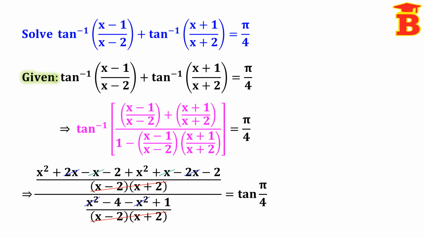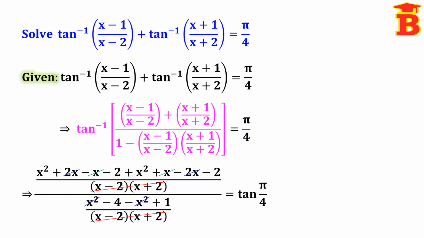Similarly the denominator, also take LCM (x minus 2) into (x plus 2). Cross multiply this: (x minus 2) into (x plus 2) is x square minus 4, and (x minus 1) into (x plus 1) is x square minus 1, with the outside minus sign, so minus x square plus 1.